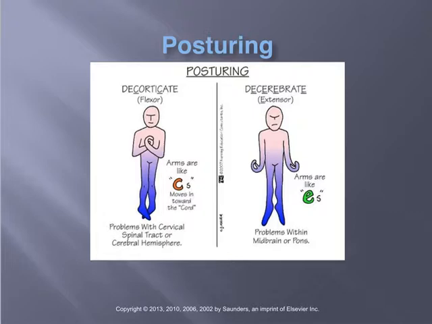Arms and legs are extended, with pronation of the arms, and plantar flexion is also present. This is usually associated with dysfunction of the brainstem. Decerebrate extensor is worse because that's a sign that the midbrain is dysfunctioning. So with decorticate, the arms are like C's going inwards towards the core, or the spinal cord. With decerebrate, the arms are like E's, and that is worse, and it's a problem with the midbrain.